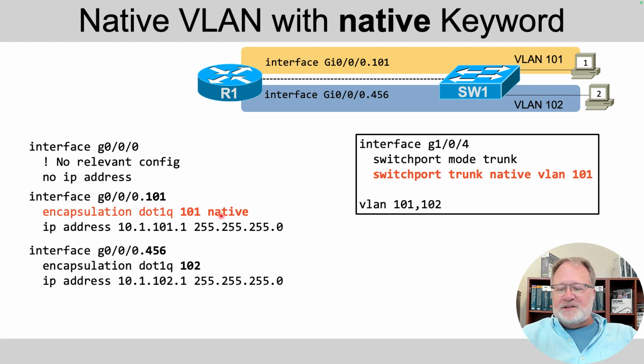The other subinterface config, no change. So that's very simple, straightforward. It's Wendell's personal preference if you're going to make use of the native VLAN because of the two styles. The only difference on the router side is whether you have that native keyword on one subinterface or not. And you have a somewhat familiar command on the switch to configure it.